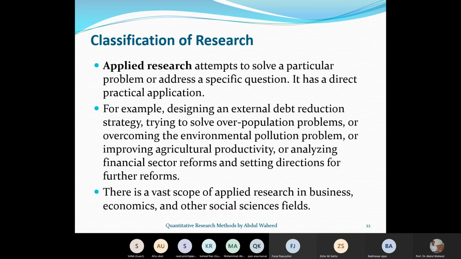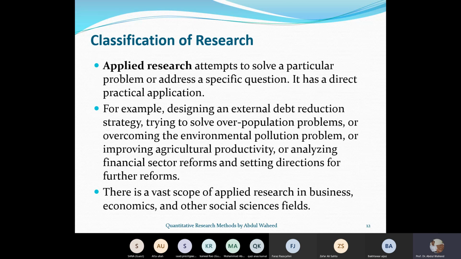Then again, there is research that suggests how to improve the productivity of land. They suggest different ways of how to use fertilizer, pesticide, and water to increase the productivity of land.